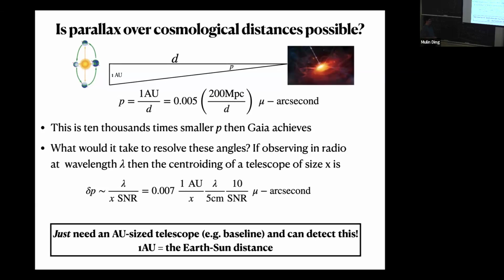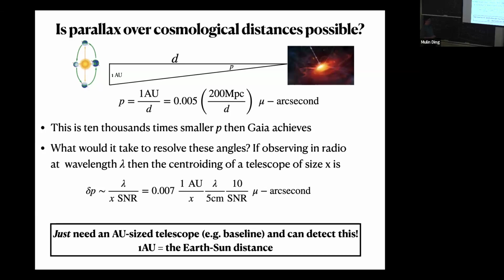I'm also going to assume modest signal-to-noise ratios, again, because of where we're going. Actually, Gaia has really high signal-to-noise, so it's in a different regime on stars or quasars. Okay, so if I take those numbers in, then I'm forced, the x is the size of my telescope, to put in something really large. So then I would need the size of my telescope to be 1 AU for the coefficient here to be comparable to the coefficient here.